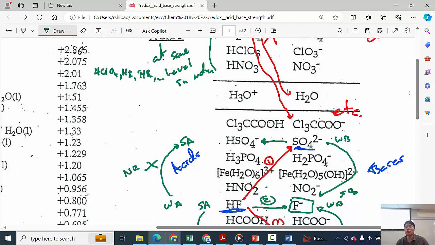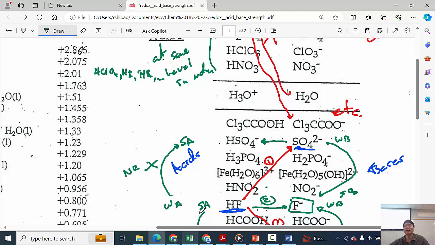And so we could take 2 HFs and give it 2 protons, and it would form H2SO4. What we do here is we only do 1 proton at a time. So if HF reacts with sulfate, it only takes 1 proton and it goes to bisulfate. It doesn't go all the way to sulfuric acid. Now we could take bisulfate and react it again with another H plus to make sulfuric acid. So we do it in 2 steps rather than 1 whole step.